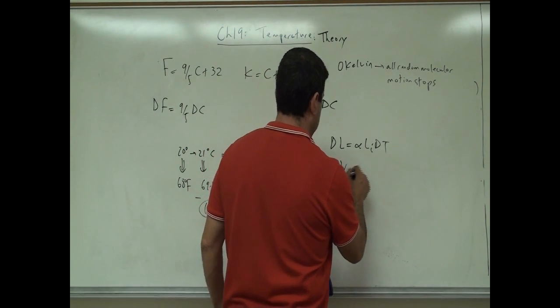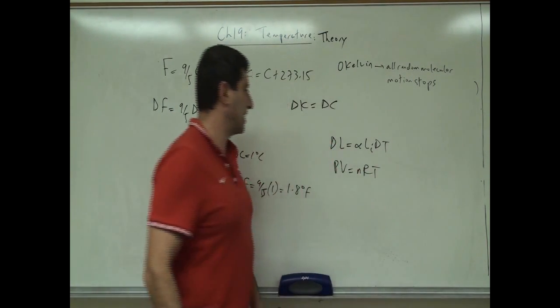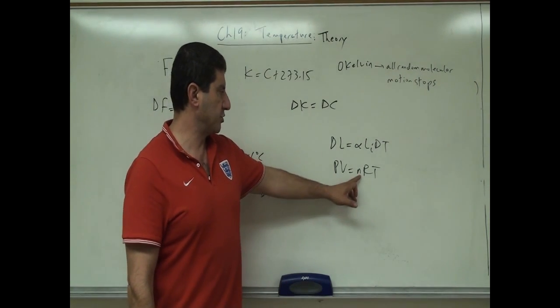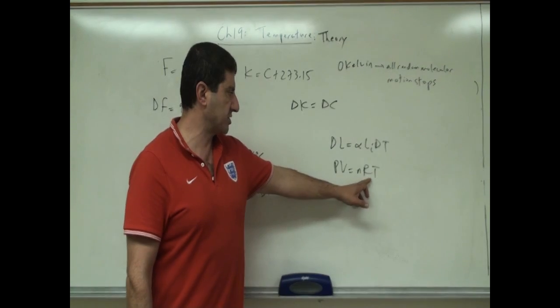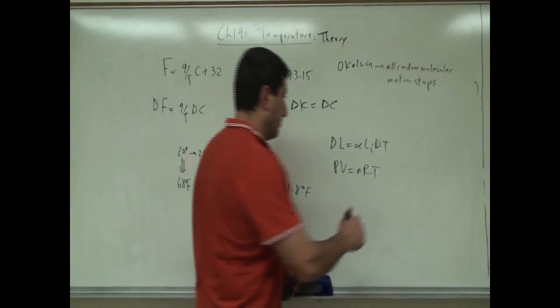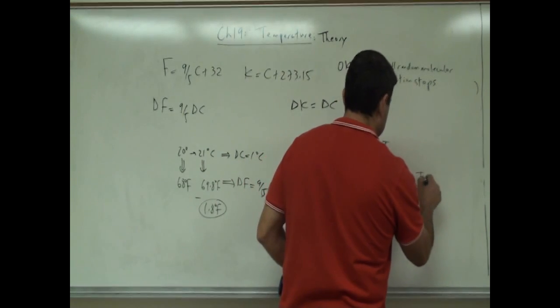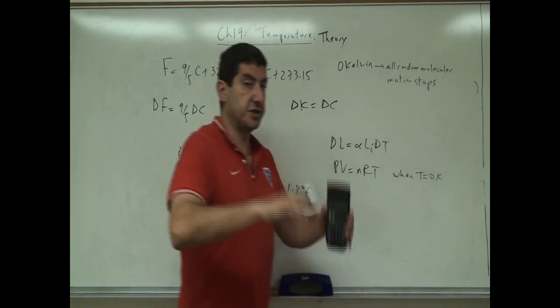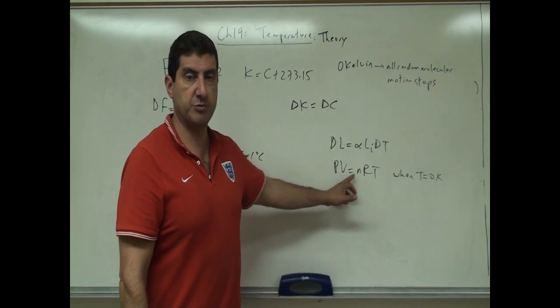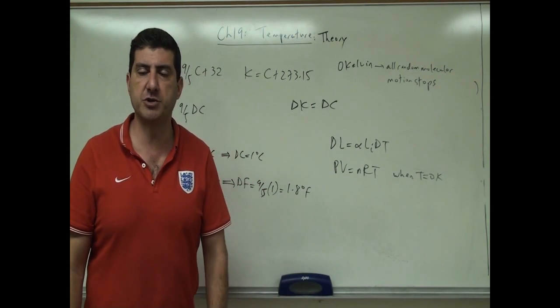Then there are some equations that rely on the temperature, not the change in temperature, such as the ideal gas law. So the ideal gas law is saying the pressure of a gas times the volume of a gas is equal to number of moles times gas constant times the temperature. But the absolute temperature, right? So when the temperature is 0 Kelvin, if the container of gas has 0 Kelvin, what's going to happen? Then the pressure times the volume is going to be 0. That means the pressure is going to be 0 of that gas.